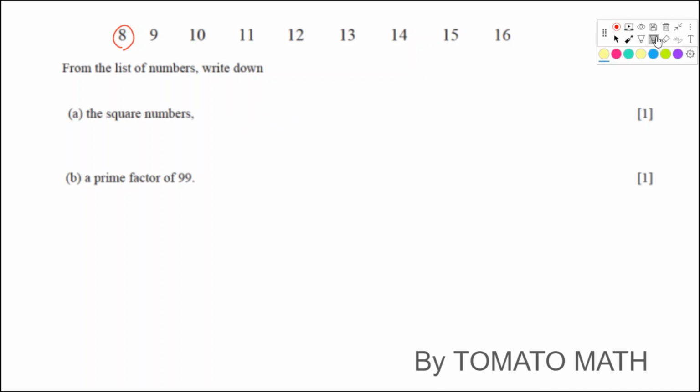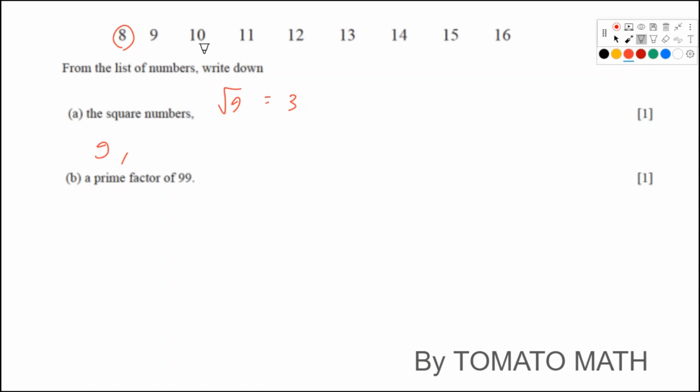So try to input all of the values, one by one, into the square root. The next one is 9. The square root of 9, we know that it's 3. So 9 is a square number, and 10 is not a square number because it will be a decimal, same as for 11, 12, 13, 14, 15.